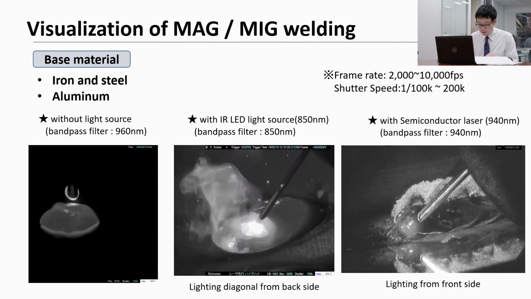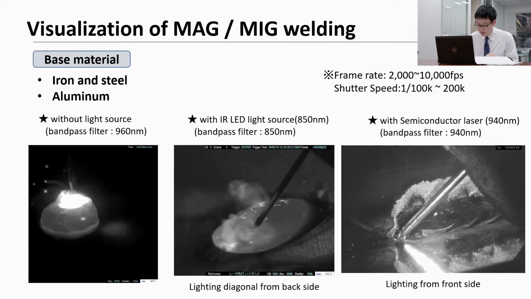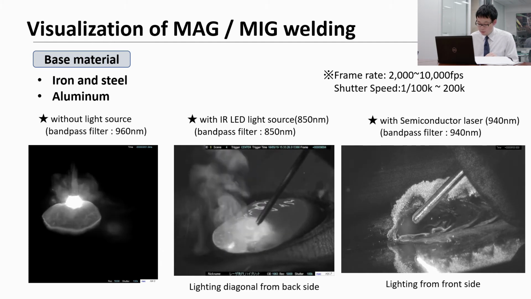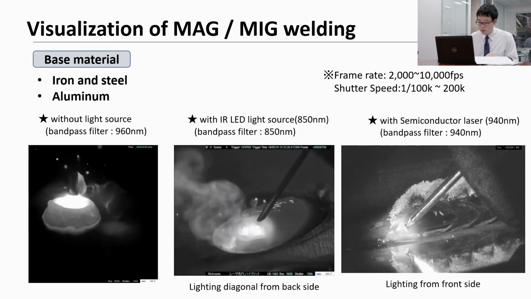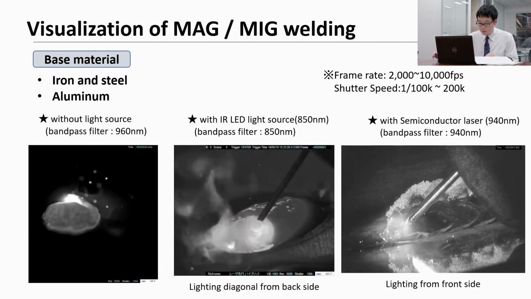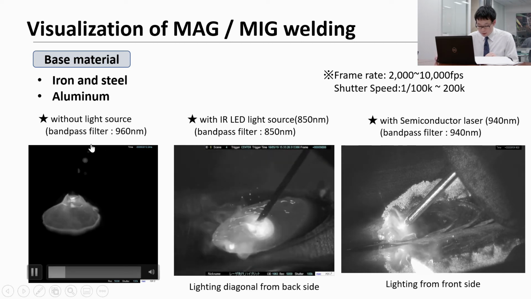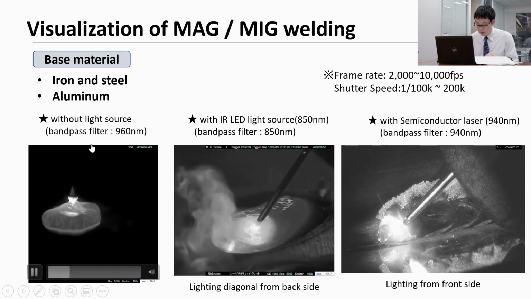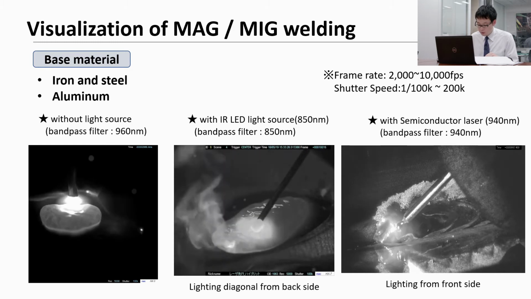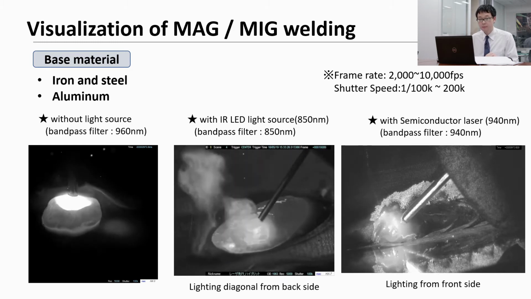About the video on the left side, it shows the image of the welding pool when we shoot without a light source. We use a 960 nanometer bandpass filter because we don't use a light source. About the video in the center, it shows the image of the welding pool when we shoot with an IR LED light source.